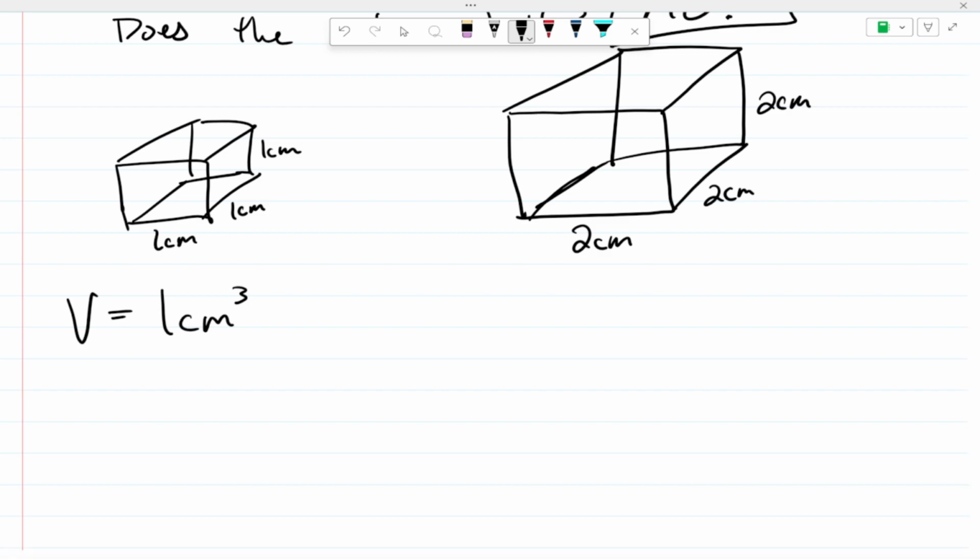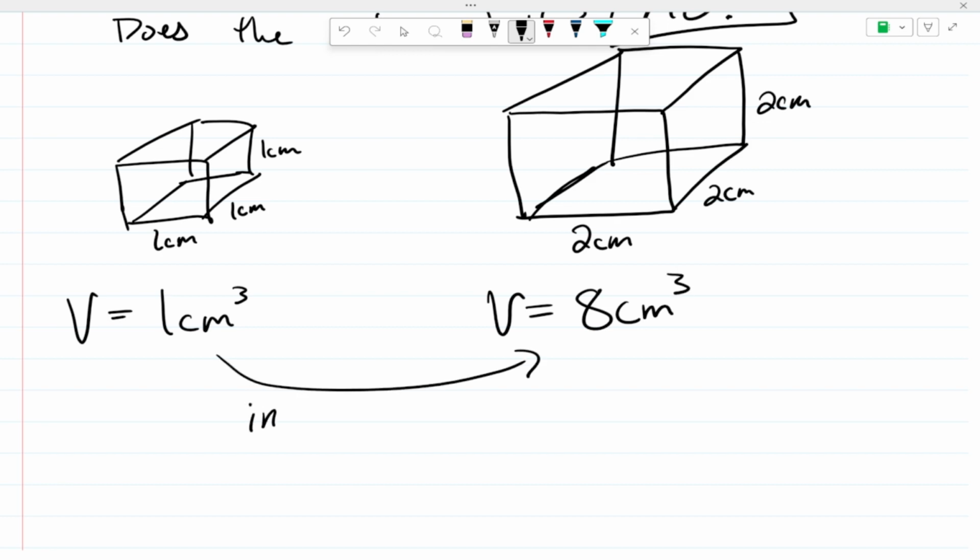Very straightforward. However, 2 times 2 times 2 for the second example is 8. So our volume increased 8 times. So just because the shape faces get bigger, the volume dramatically goes up.